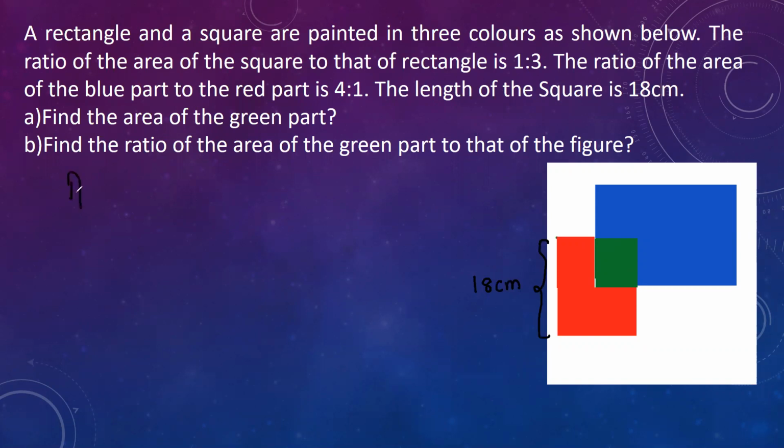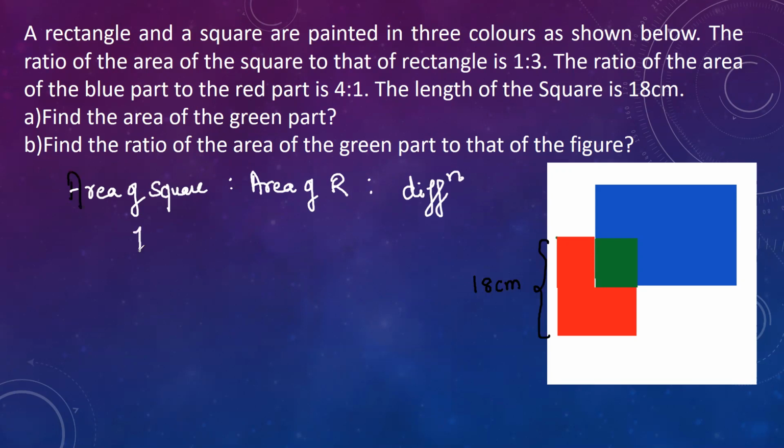The ratio of the area of the square by the area of the rectangle is 1:3. So the difference is how much? 2.